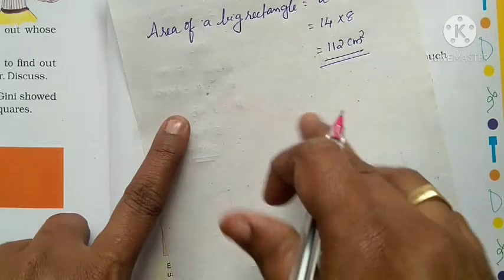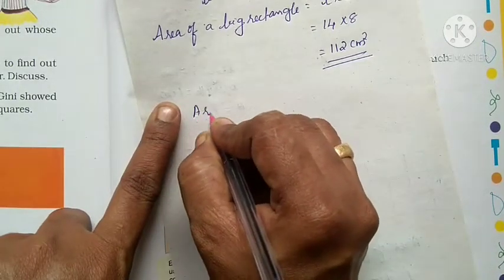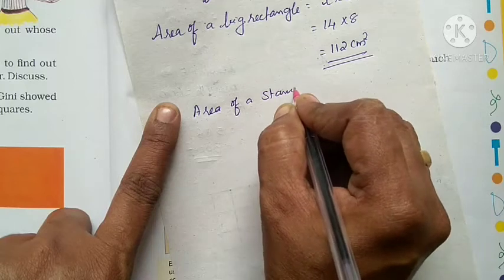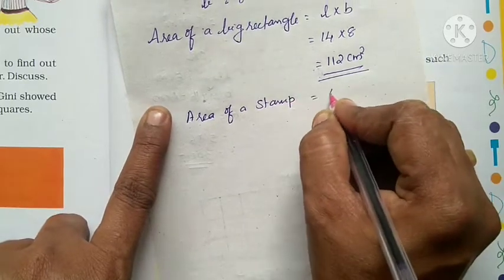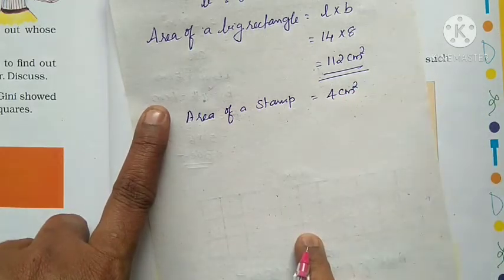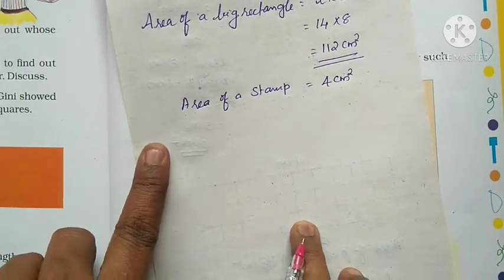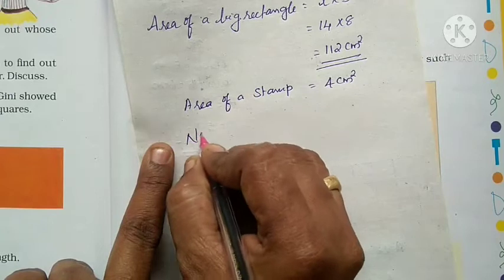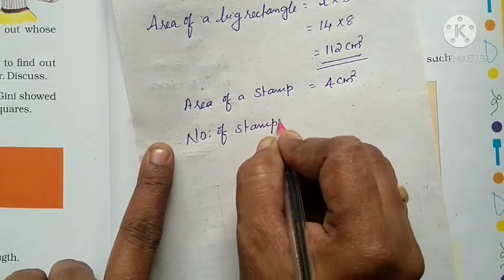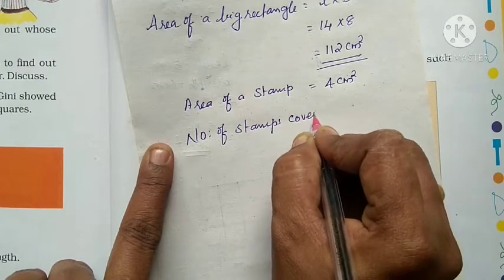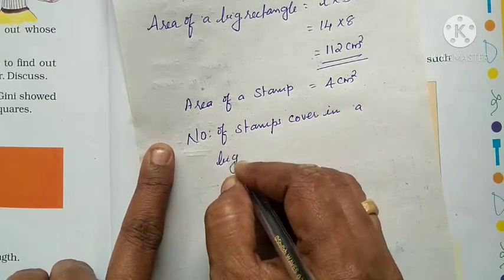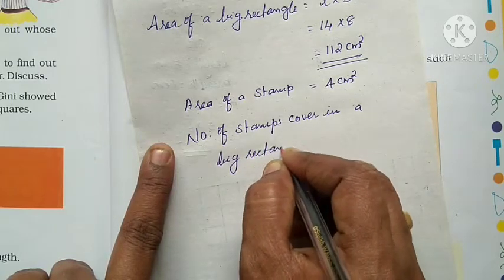Next, we know that the area of a stamp, which will be given in your question, is 4 centimeter square. Next, we want to find out the number of stamps that cover the big rectangle.